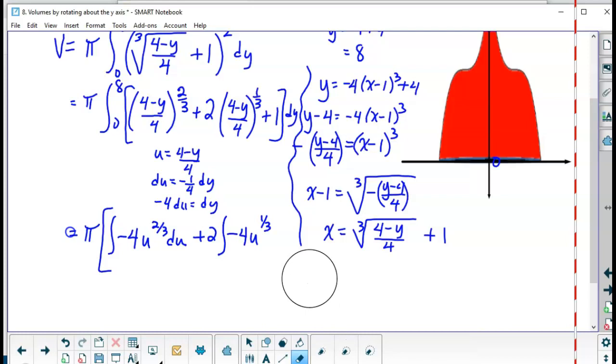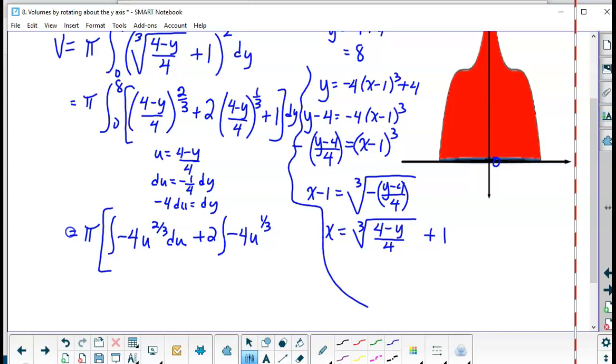I'm just going to do this a little bit, see if I can fit it in here. And then plus the integral of, well, that would still stay as dy. I didn't have to do any substitution there.